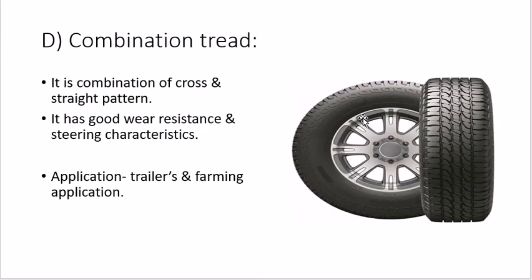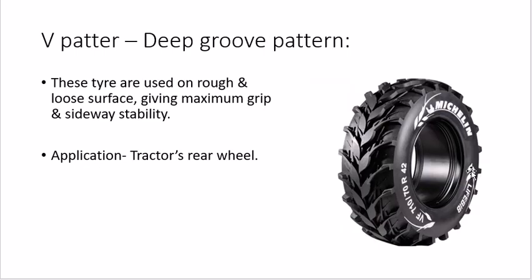Then the next one is your combination tread. Combination tread has the properties or characteristics of all three treads discussed above, a combination of the cross and straight patterns. You can see it's straight here but cross like this. Its application is majorly in trailers and farming applications, but the most used in tractors is the V pattern, the deep groove pattern.